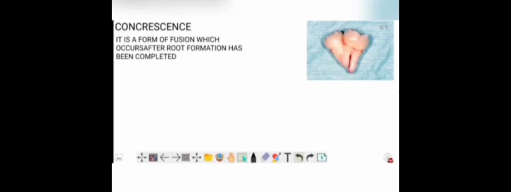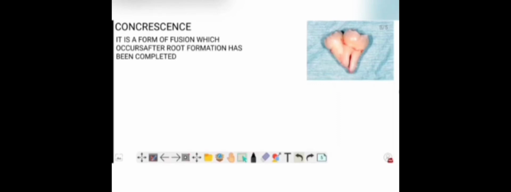It will not look aesthetic. Second is the spacing, because two teeth have fused together, so adjacent to that there will be spaces, and also there will be some periodontal problems. So what is fusion? It is simply the union of two normally separated tooth germs.